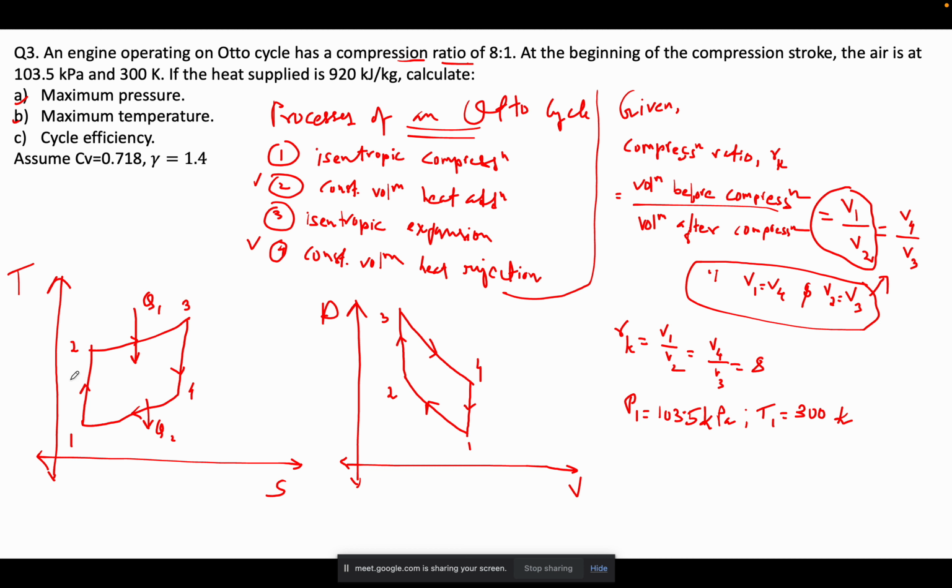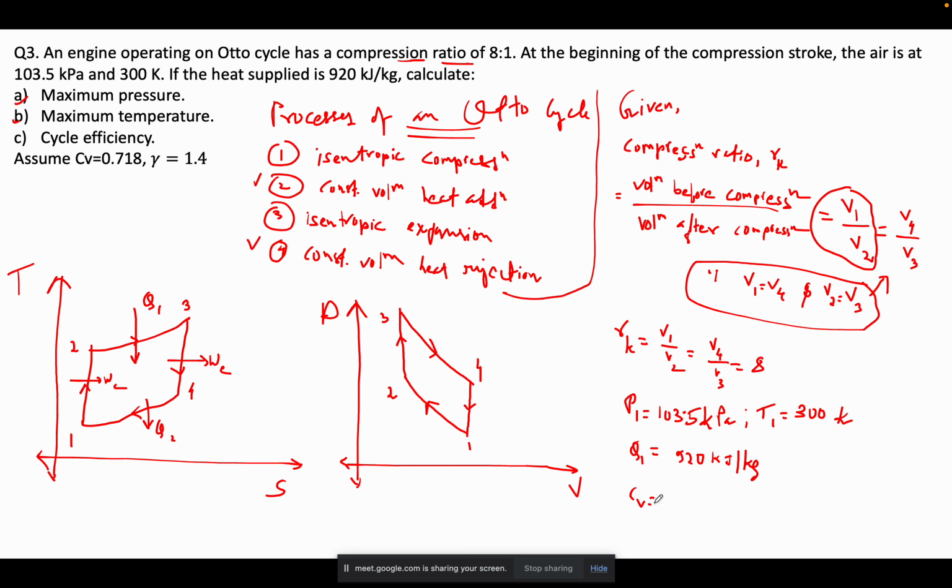So there will be this work of compression and this work of expansion. Heat addition, that is Q1, is given as 920 kilojoule per kg.